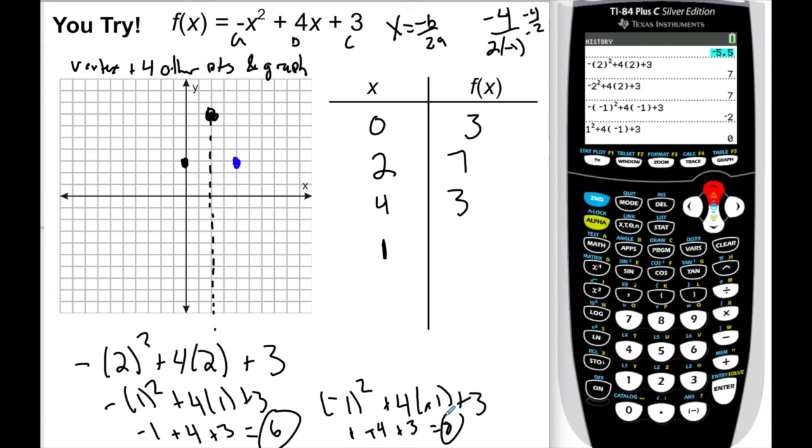Here, you'd get 8. So if you'd accidentally moved the -1 in here and not done it here because you'd gotten mixed up with the negative stuff, you would actually get a completely different answer. So it's important that you set up your parentheses very carefully, whether you do it on the paper or a calculator. So when I got 1, I got 1 squared is 1, make it negative, -1, plus 4, plus 3. Okay, so that's 6.